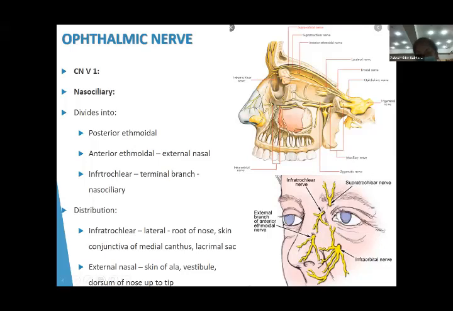Okay. So ये anterior ethmoidal की terminal branch है, which is a branch of nasociliary, and this is infratrochlear, a terminal branch of the nasociliary. ठीक है.